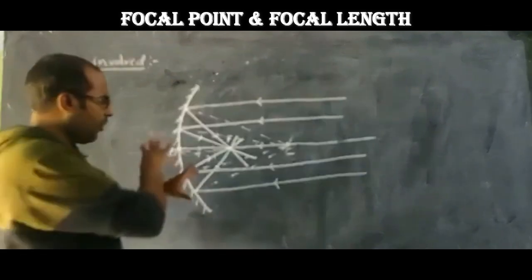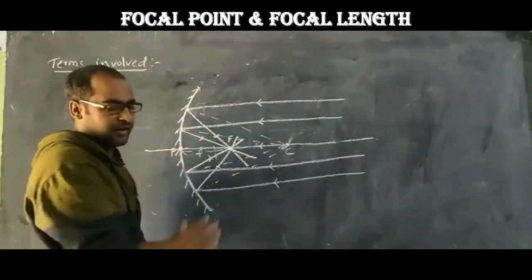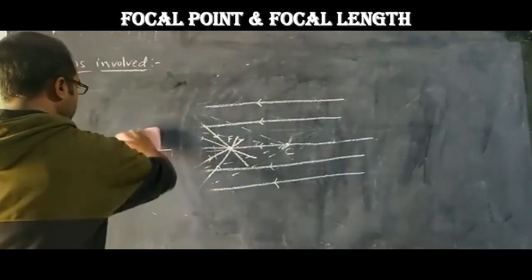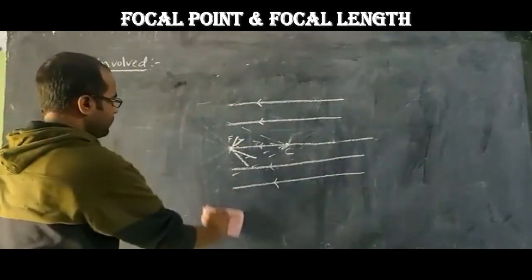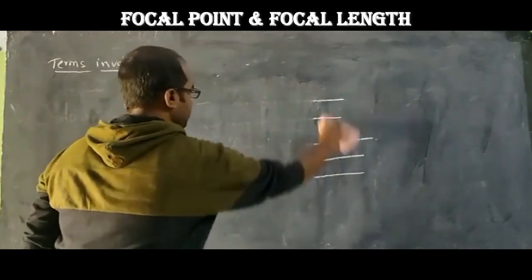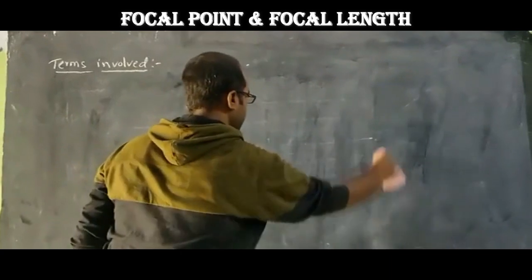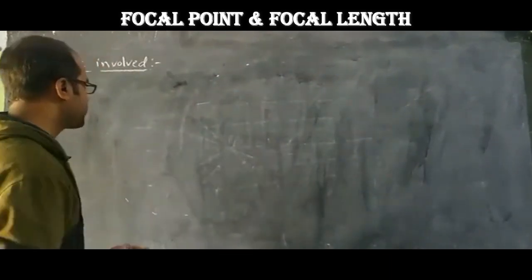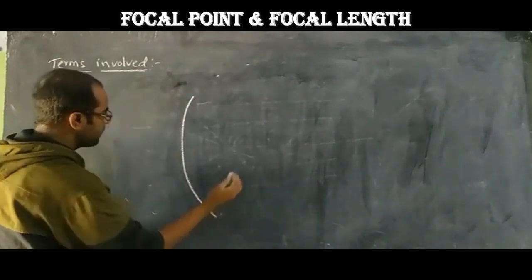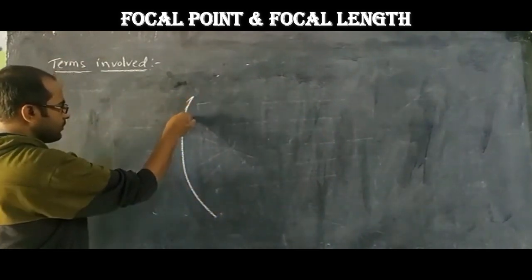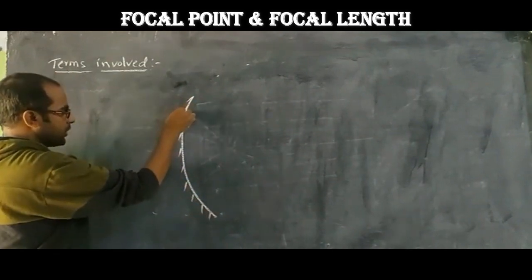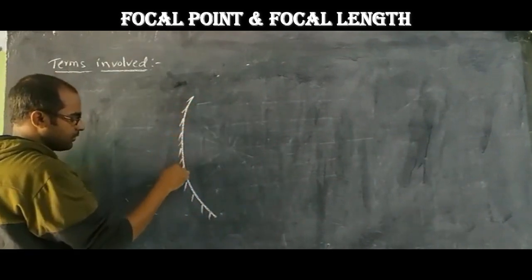Okay, let us see all these terms in a simple manner in a single diagram. Let us take the concave mirror, with silvering. This is a must, you shouldn't forget this.